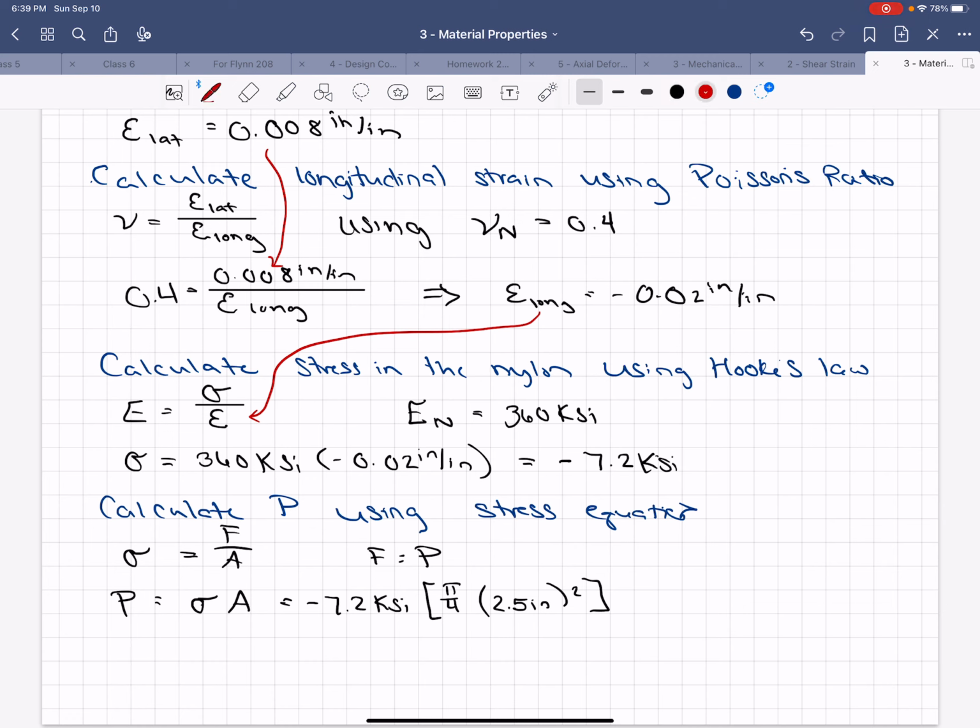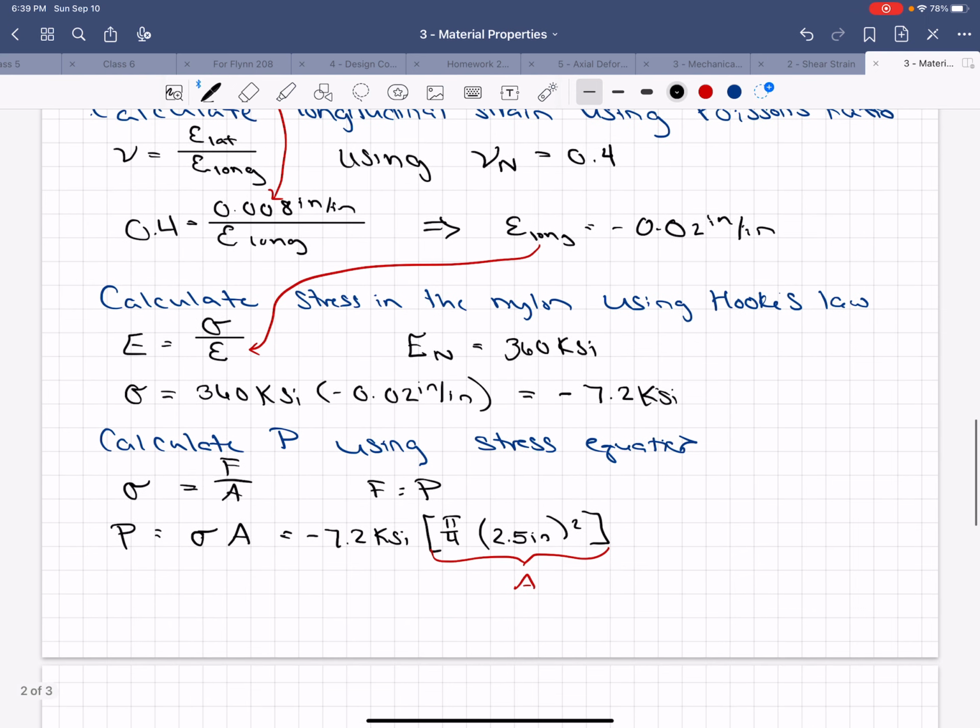So this is all the area. And we get that P equals 35.3 kips. And it's compressing it.